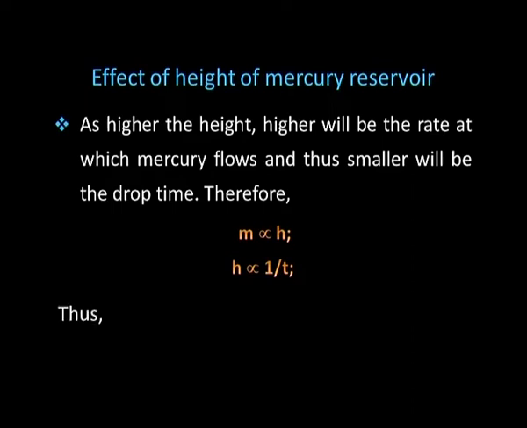Now, if we write in terms of h, I d is proportional to h raised to the power 2 by 3 and h raised to the power minus 1 by 6, which means I d is proportional to h raised to the power 1 by 2, which means that diffusion current is directly proportional to under root h.